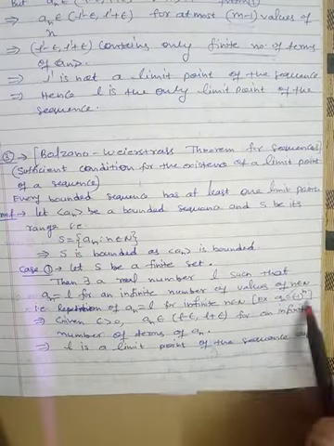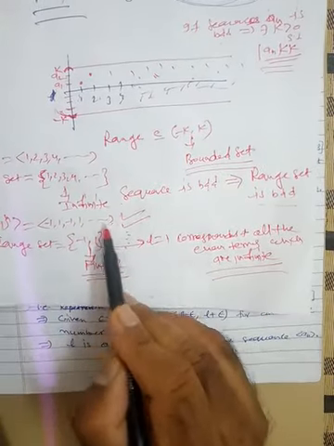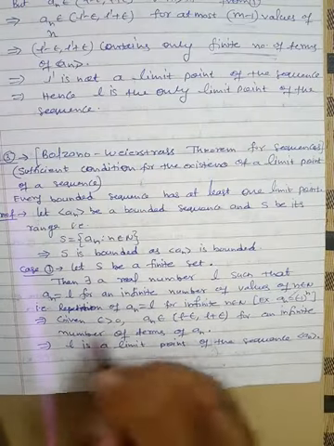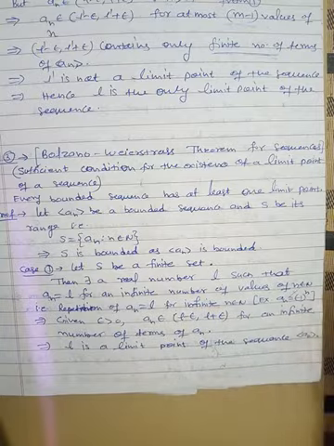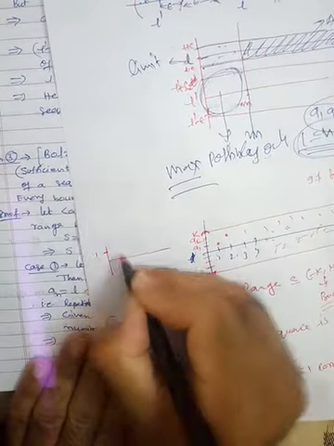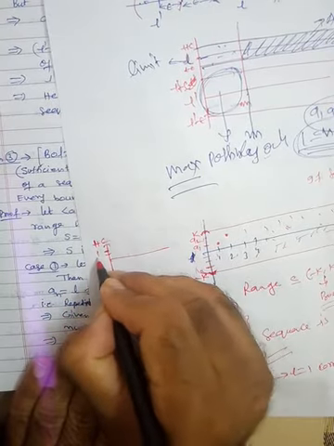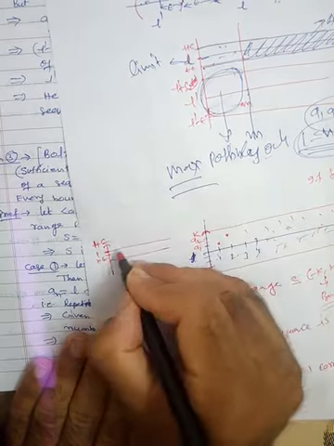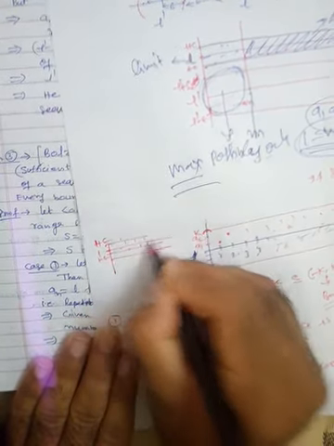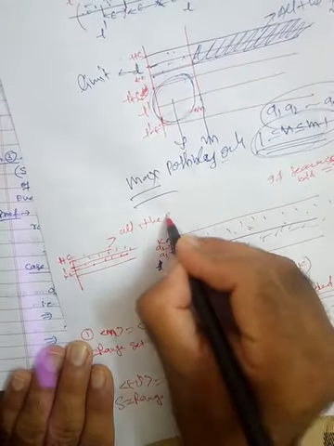And this is the example. Here 1 is repeated: 1, 1, 1, 1, 1. That's why it's a case of repetition. So when you take any neighborhood, for example 1 plus epsilon, 1 minus epsilon, then this neighborhood contains infinitely many terms, all the even terms.